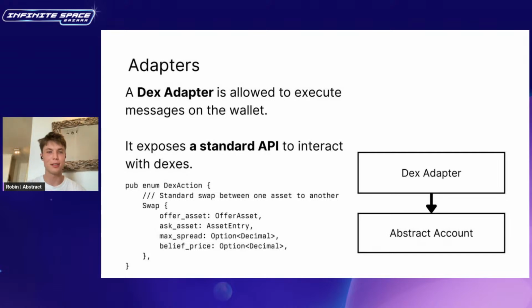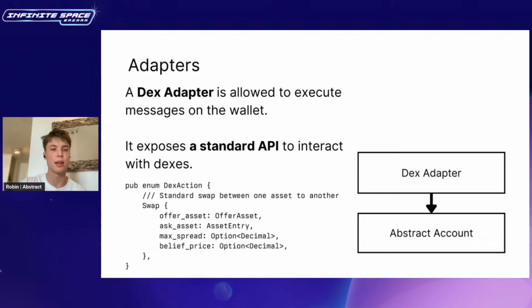We have created this thing that we call the abstract adapter, and it allows you to execute swaps or any action on a decentralized exchange with a standardized API. So what we show here is a DEX action, and there are multiple other kinds of DEX actions, but we're just showing the swap here.